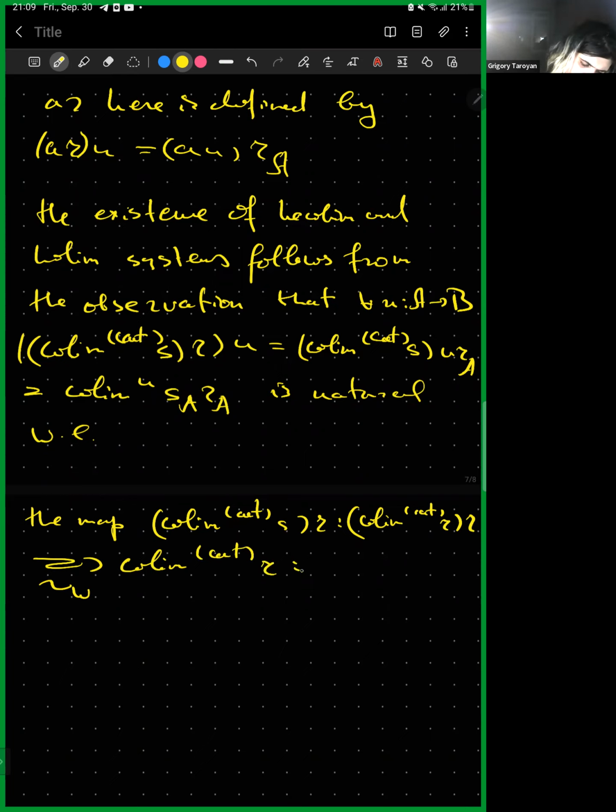And so we've constructed a homotopical limit system by basically composing the standard colimit system, colim cat, with the cofibrant replacement functor R.